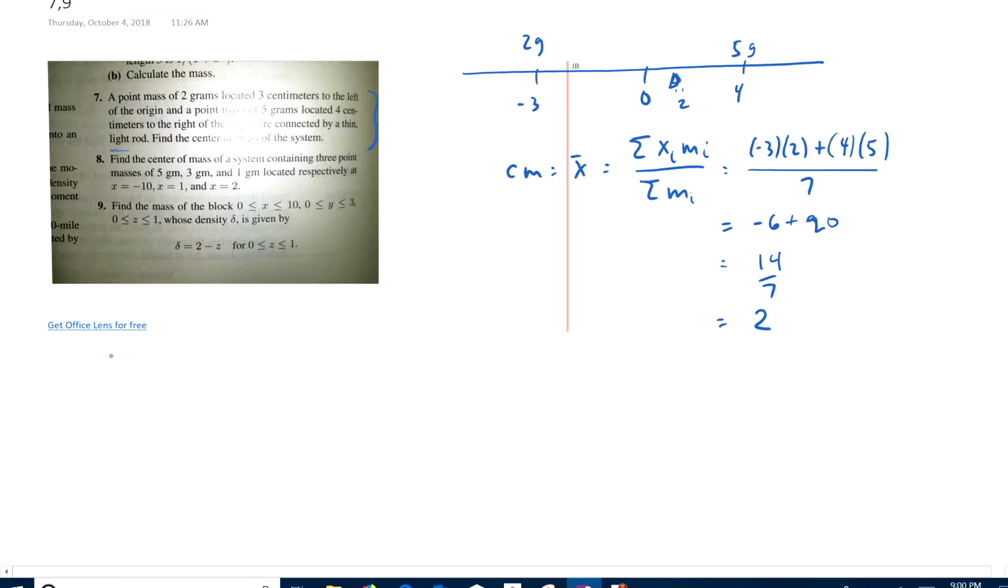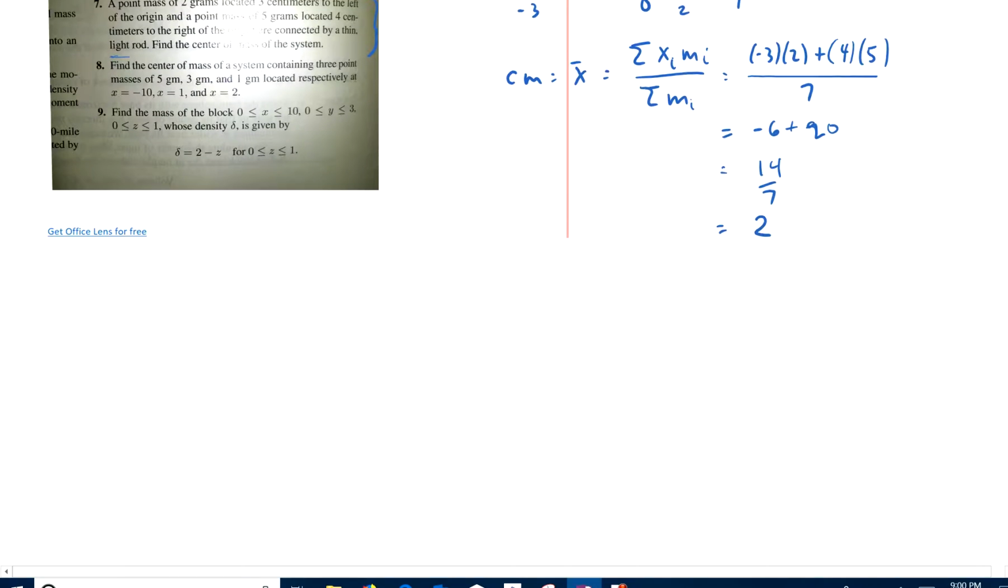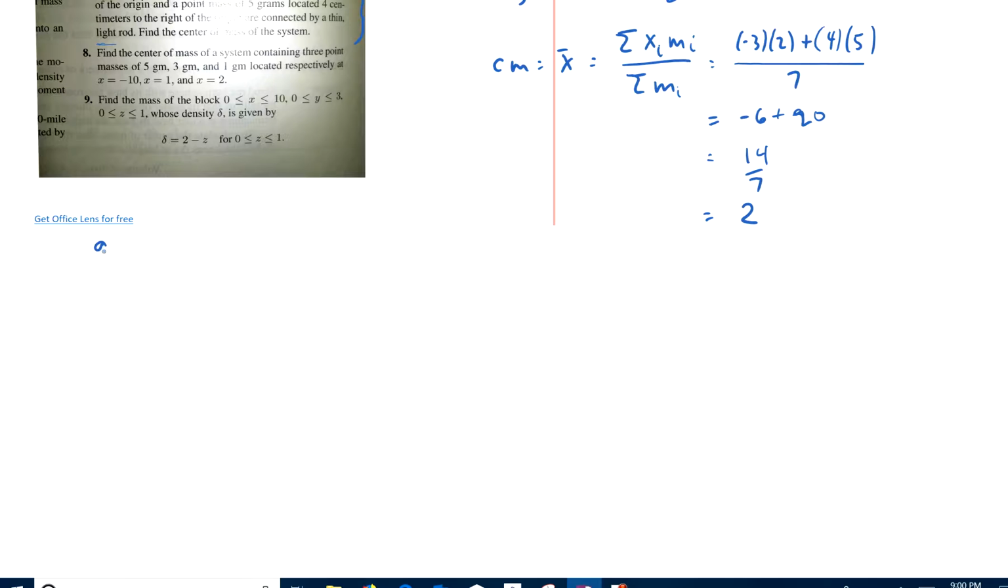Okay, number 9. Number 9 is we go 3-dimensional here. So center of mass of a block. We've got an x, y, and z axis. So I'm going to draw it like this. And I'll put z going up here.